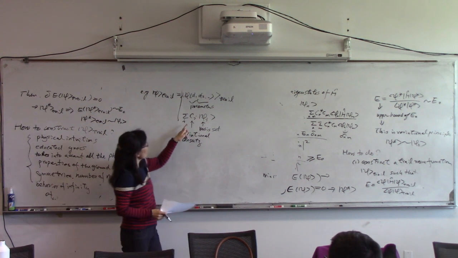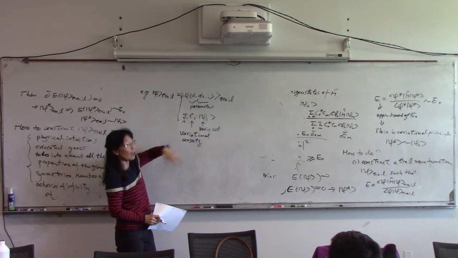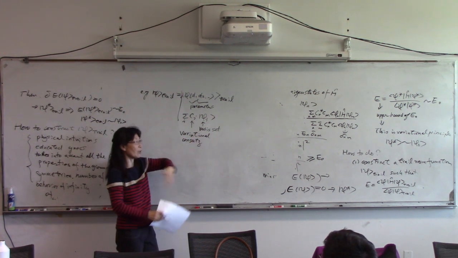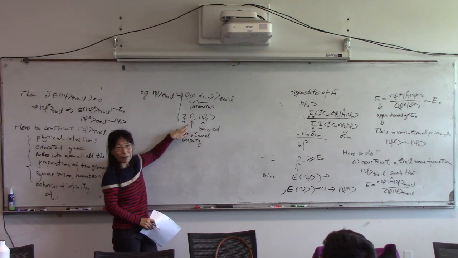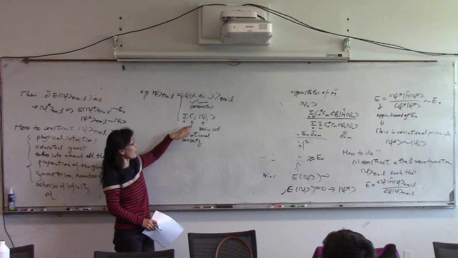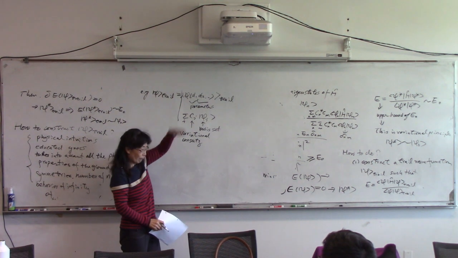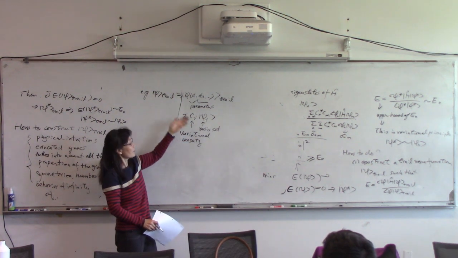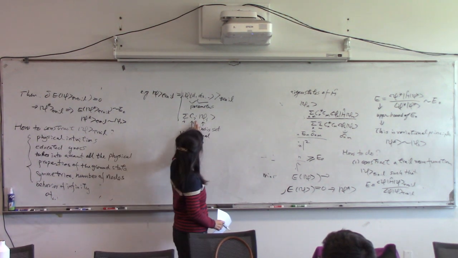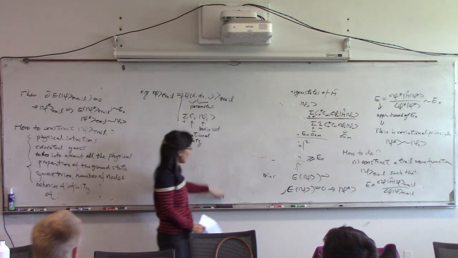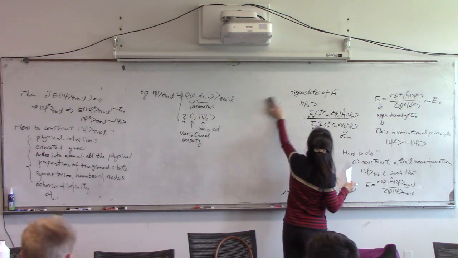Even though this summation may not include the whole space, if it is n-dimensional or infinite-dimensional, in most cases we just truncate to a certain level. That is enough. And then the goal is to adjust this to make it closer to the ground state.